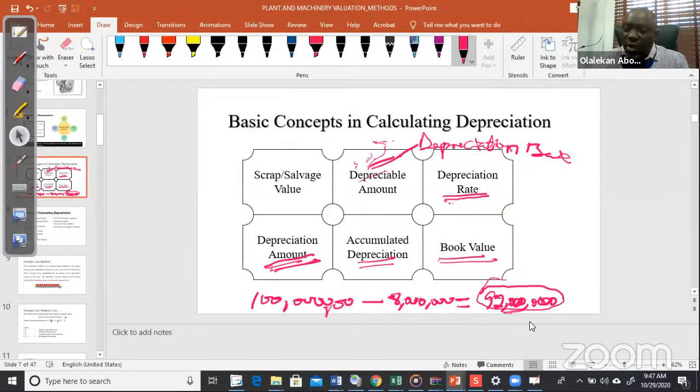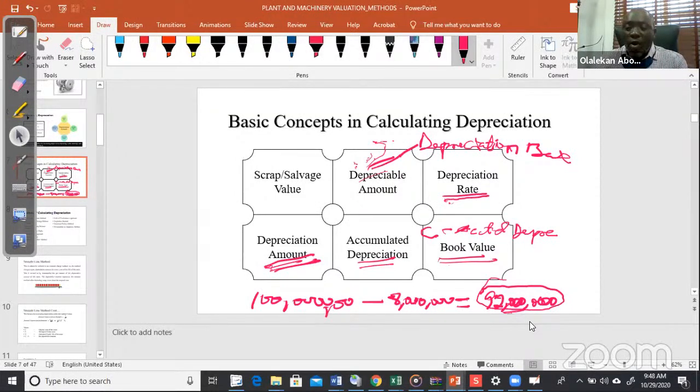So it then means that your book value will be cost minus accumulated depreciation. That will be your book value. Cost minus accumulated depreciation.